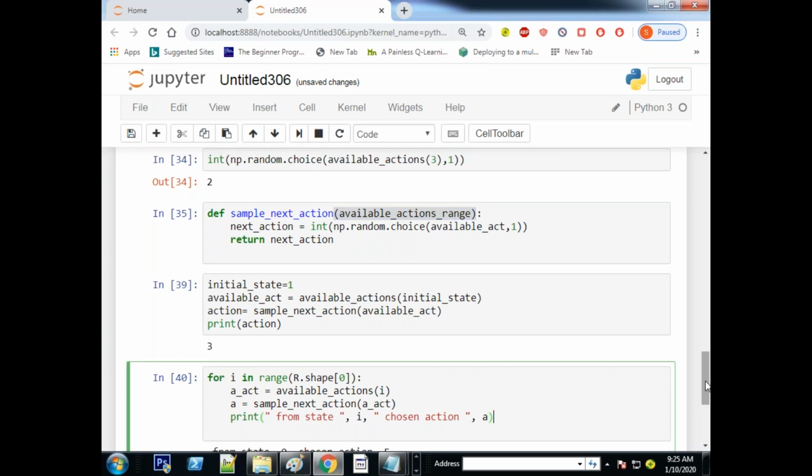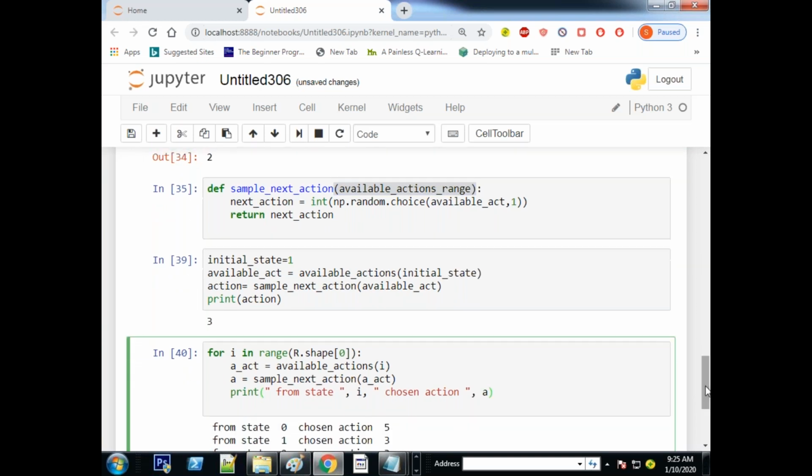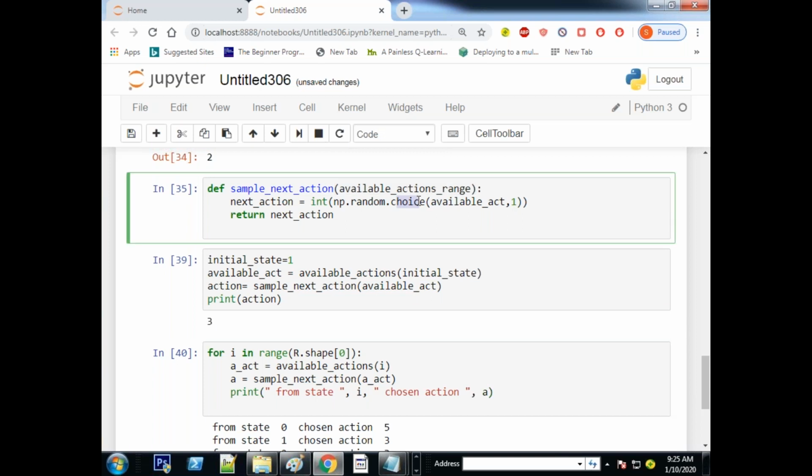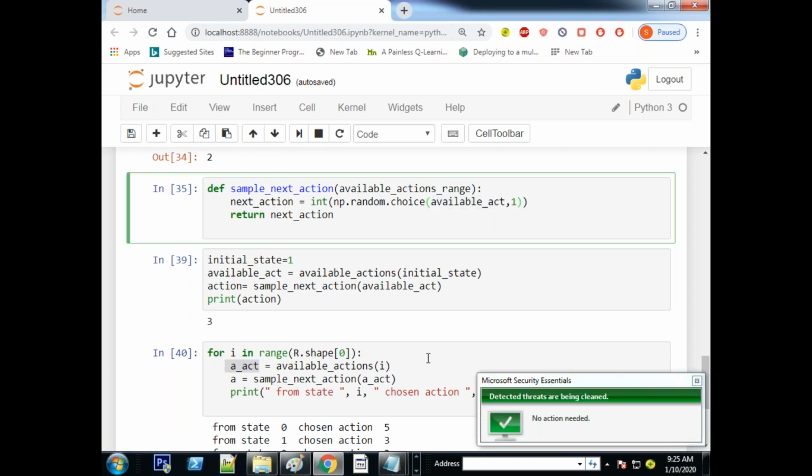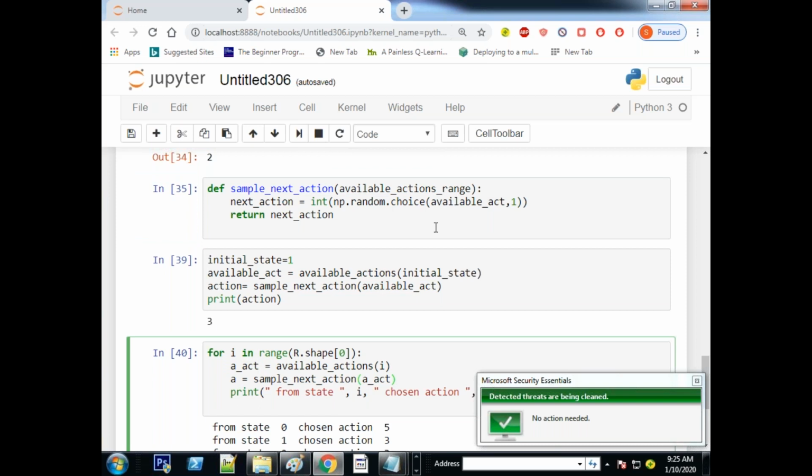But choice parameter, np.random.choice, right? There we are passing global variable, right? Instead of range variable. This available act is came into A underscore act. Okay, it is taking from this. 1 minute, sir, we will solve it.